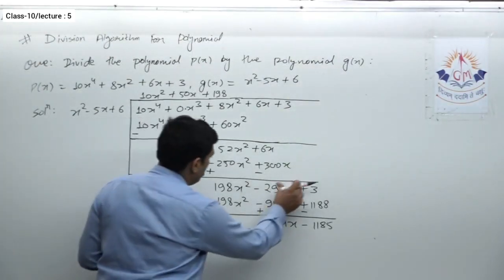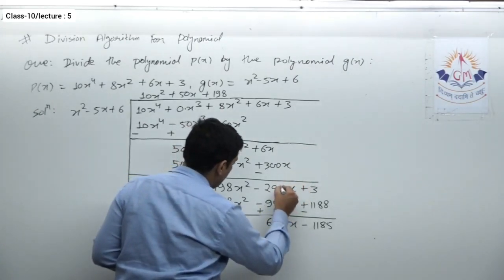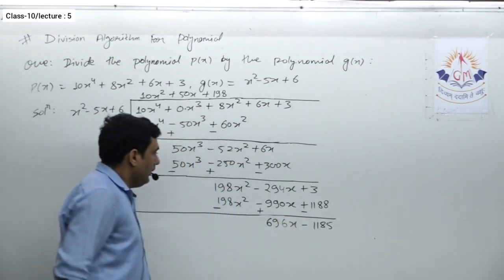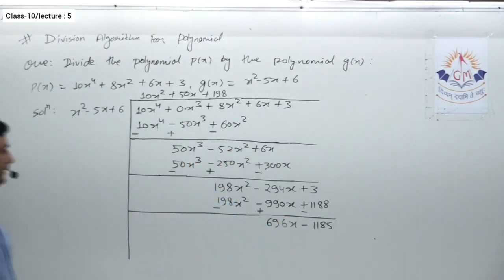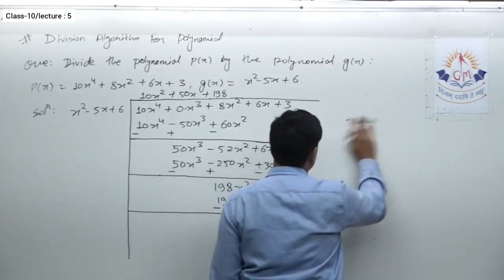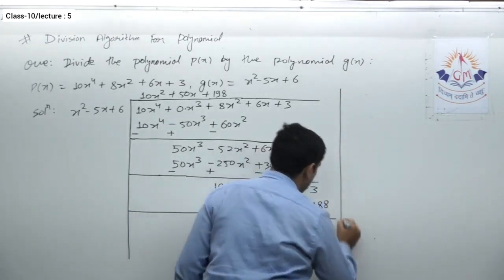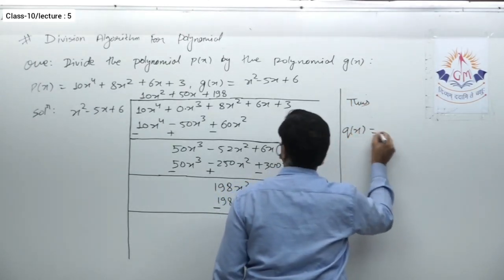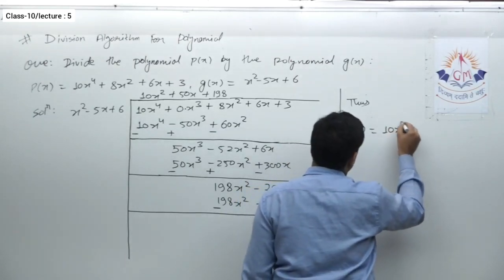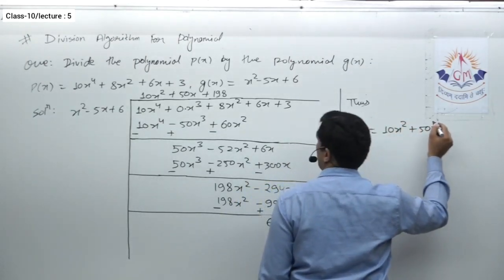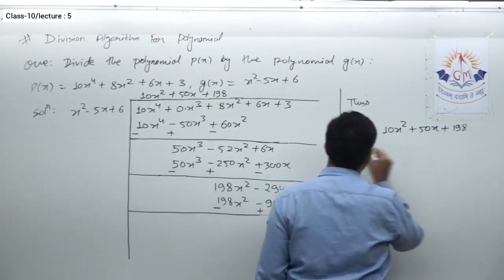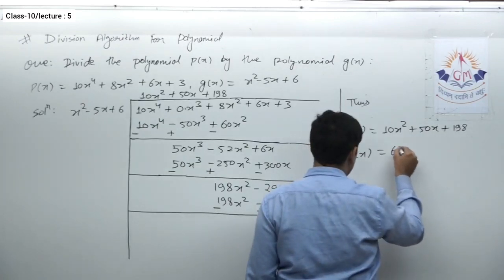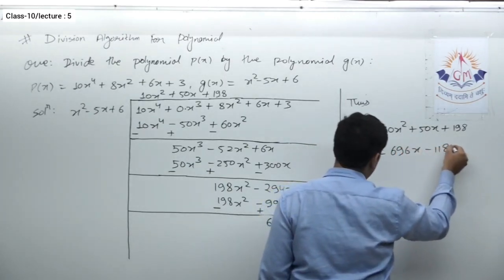Here there should actually be 294, so here it will be 696. And here definitely we can conclude that q(x) is equal to 10x square plus 50x plus 198, and r(x) is equal to 696x minus 1185.